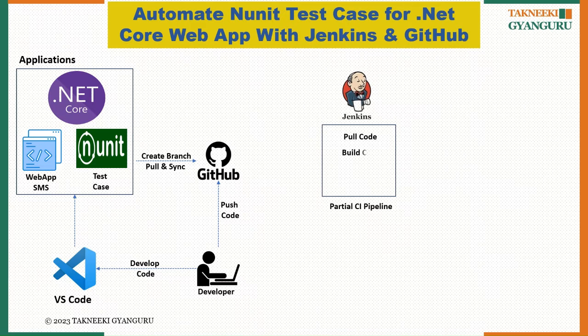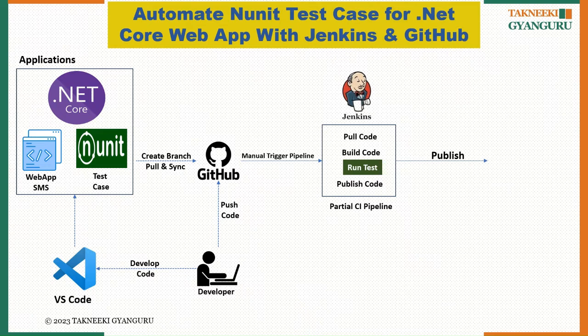That will pull the code, build the code, publish the code, and the change is to run the test cases that we made in our project. We'll make some changes in the test cases and see whether they succeed or fail, right? Once that is done, we will manually trigger this pipeline.